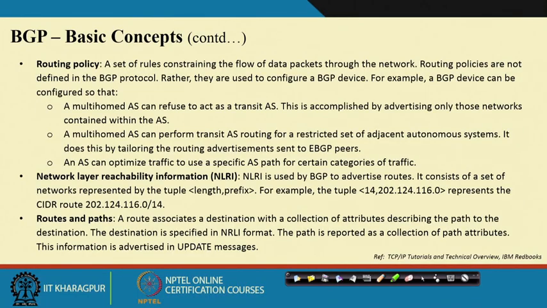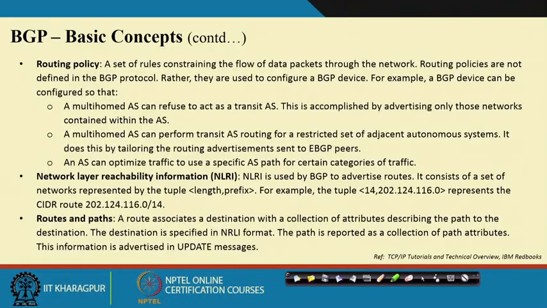Or an AS can optimize traffic to use a specific AS path for a certain category of traffic. Say I get traffic of streaming video or a particular type of traffic, then it says that it should be channelized through a particular path. So, that can be one such policy.